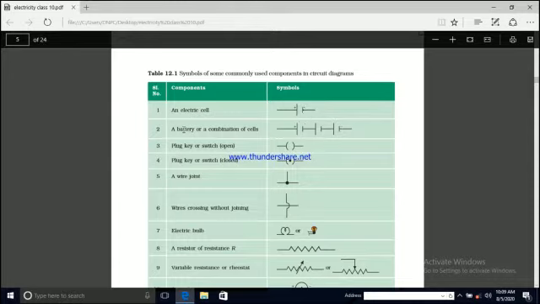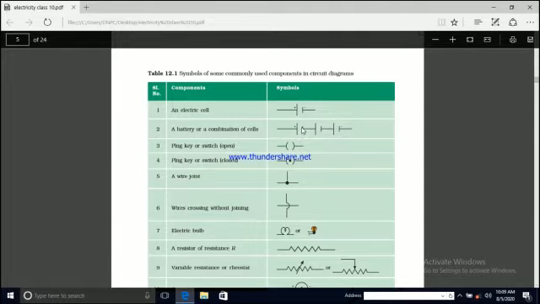Then a battery is a combination of cells, more than two or three cells. Always remember, in a battery two or more cells are connected together in series. Here you can see how these are connected. The long lead represents the positive terminal of the first cell.